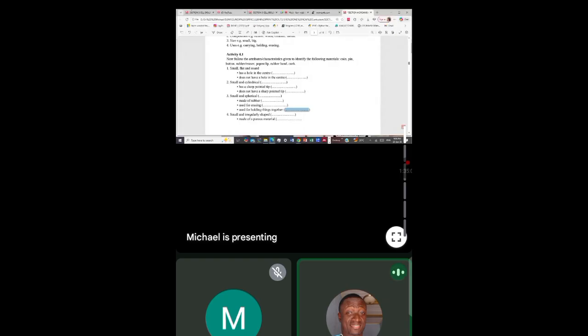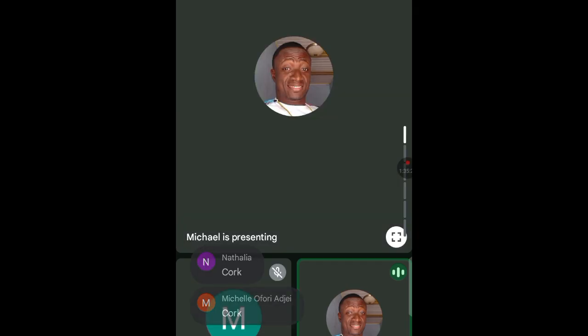Let's look at the fourth point. Small and irregularly shaped. Small and irregularly shaped, made of porous material. This will lead to one. And what is that? The last point. Small and irregularly shaped, made of porous material. Someone said cork, very good. So cork is made up of porous material.